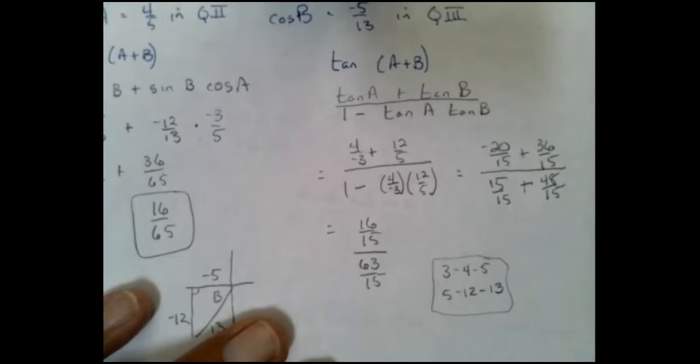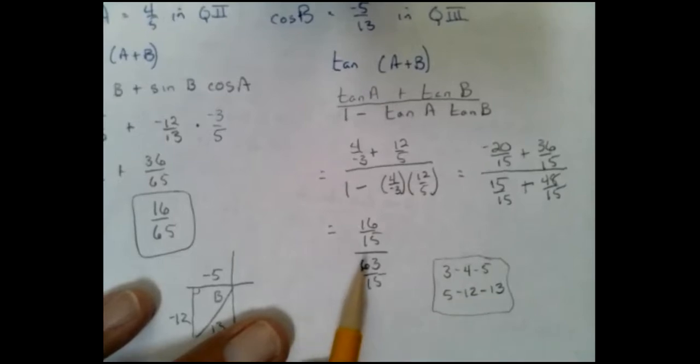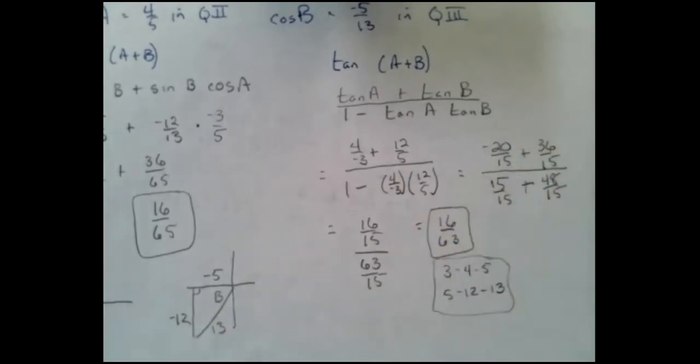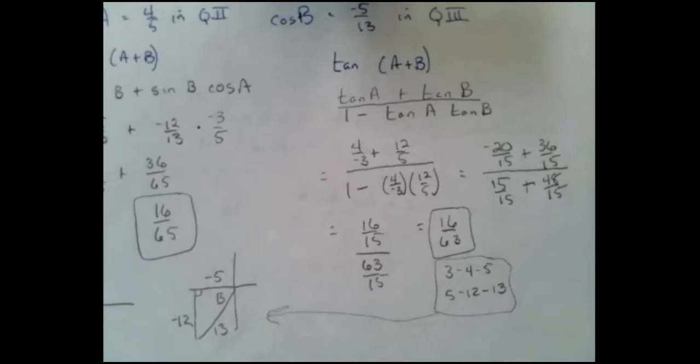Did I make any mistakes yet? I hope not. No. To divide is the same as multiplying by the reciprocal. The 15s would cancel. Final answer 16 over 63. Cool. That 3, 4, 5 was back to my Pythagorean triples over here. Don't get confused by that.